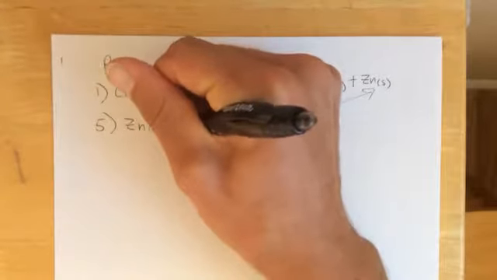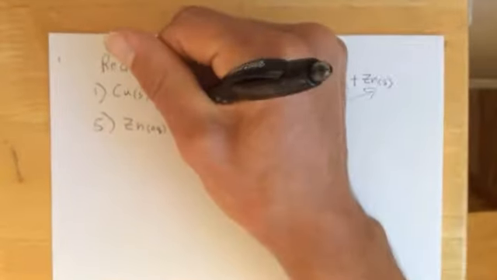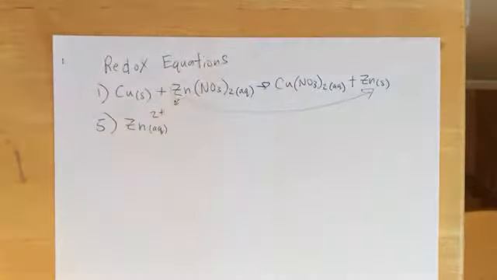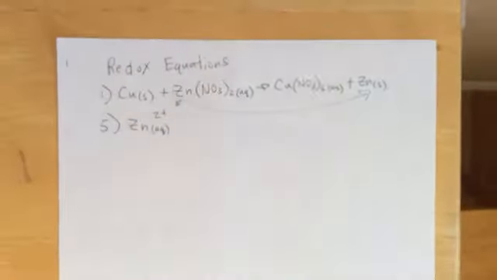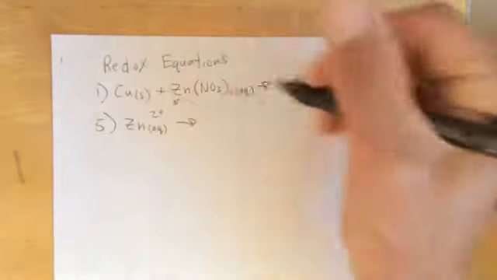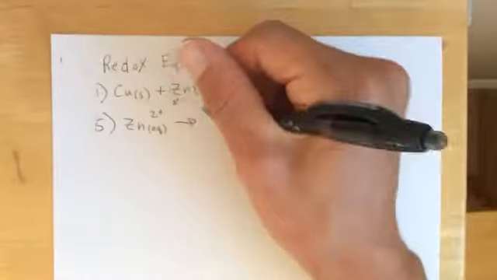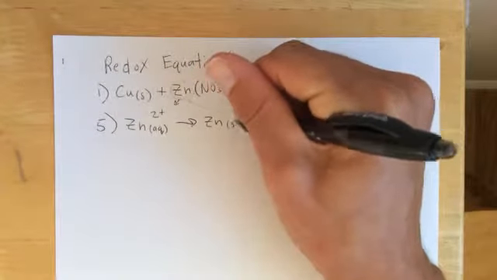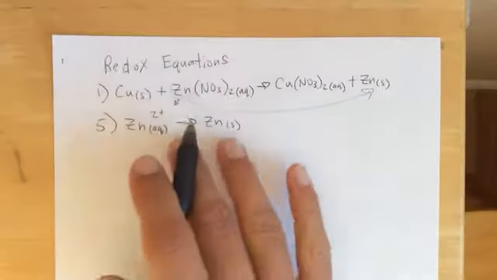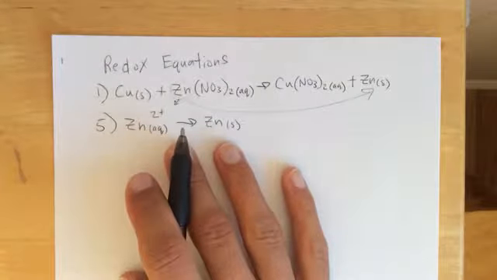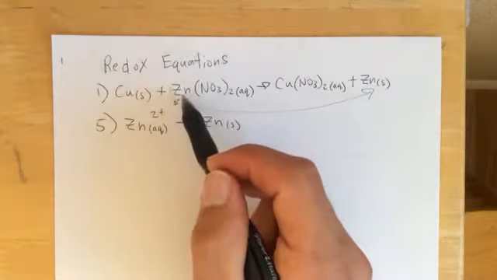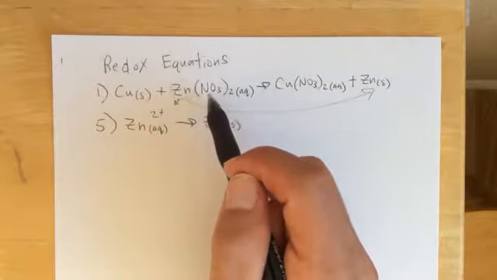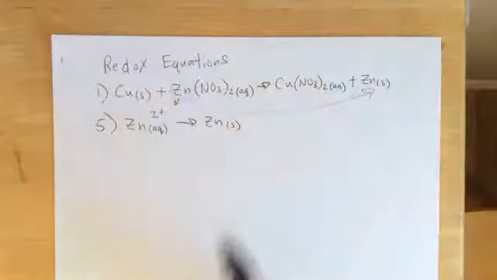It started as an aqueous solution. We're going to write a 2+, showing that it had a positive charge if it was an ion all by itself. And then zinc on the other side of the equation becomes a solid. That would be our half reaction, just showing the zinc had a positive 2 charge because it was attached to nitrate, and then it turned into a solid.